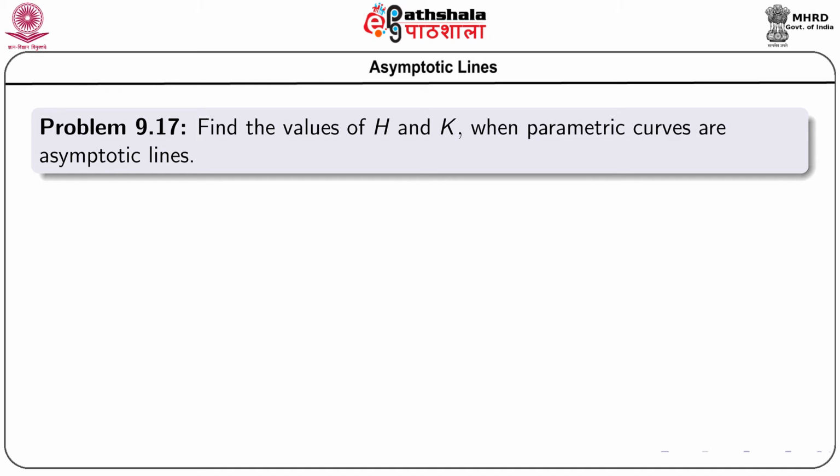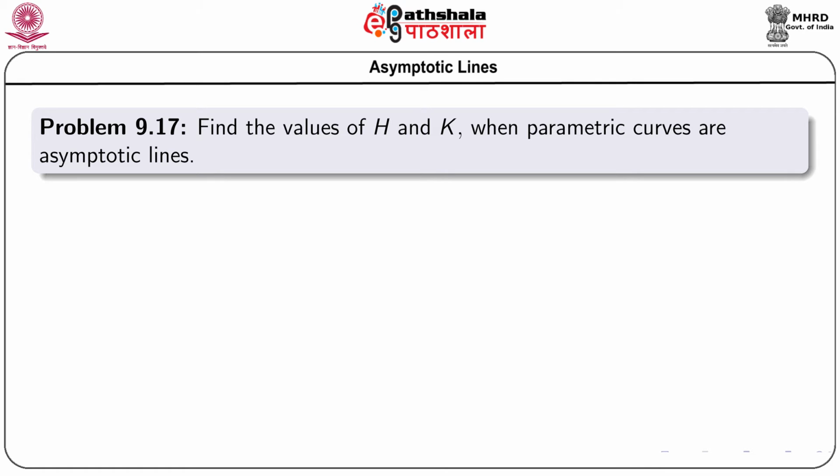Now, let us see the next problem: find the values of H and K, where H is the mean curvature for the surface, which we have discussed earlier, and K is the Gaussian curvature of the surface, when parametric curves are asymptotic lines.